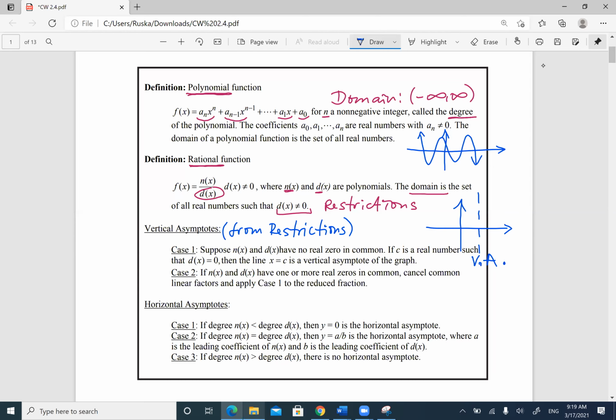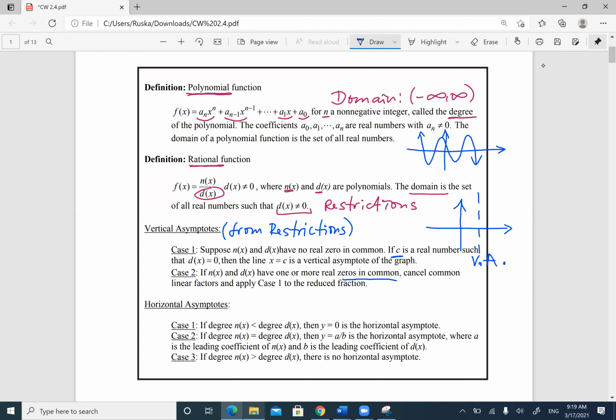Here is how to find it. Suppose the numerator and denominator have no real zero in common. In this case, whatever is the zero of the denominator is your vertical asymptote. And if they have one or more real zeros in common, then you cancel them and reduce it.